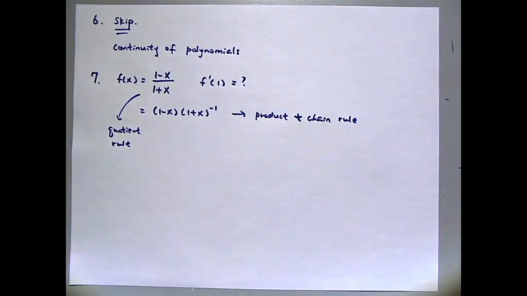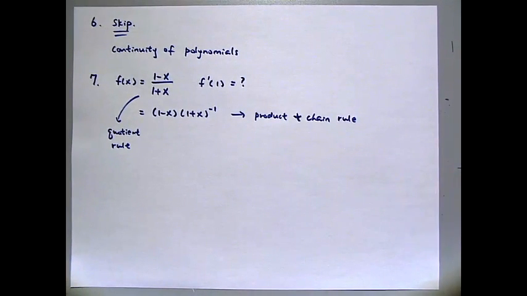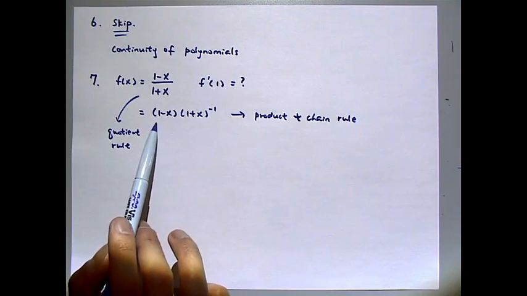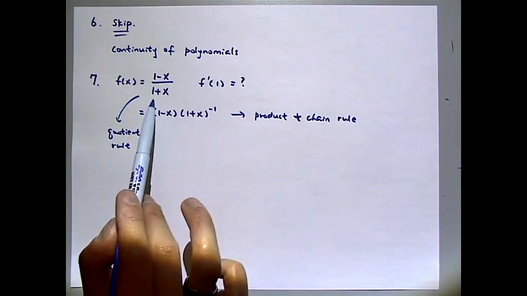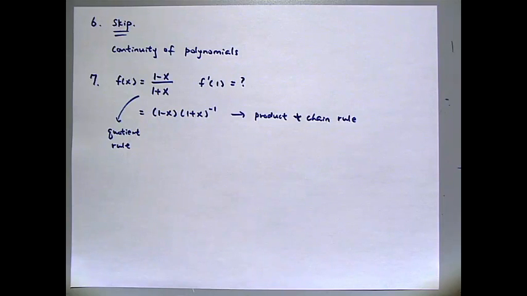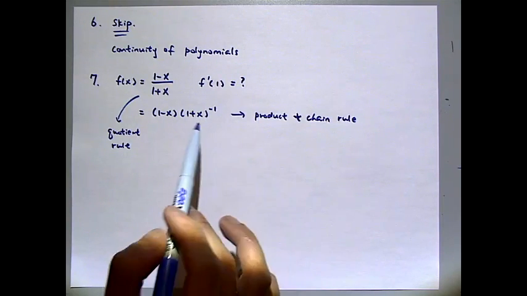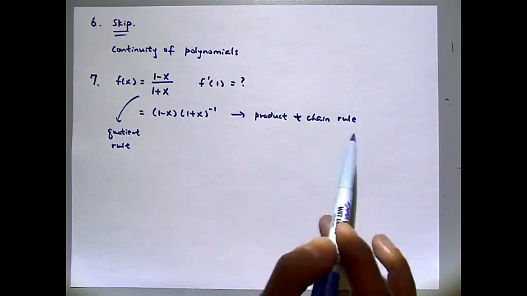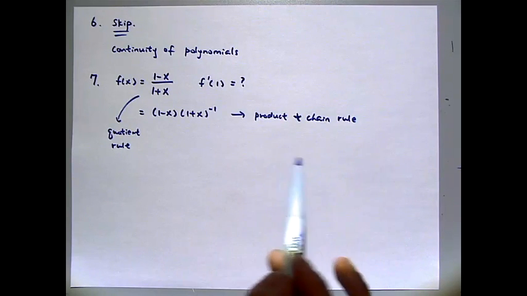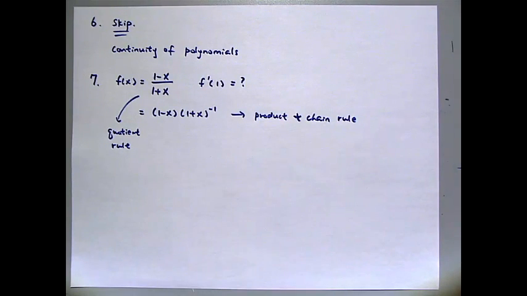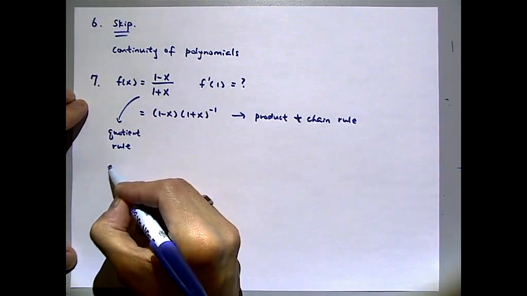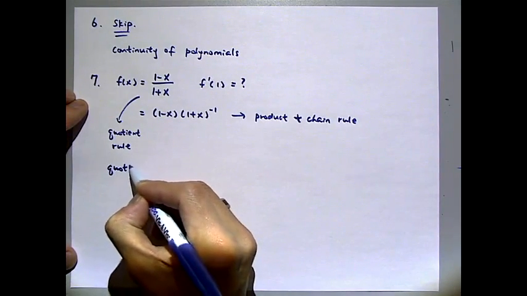If you leave the function as it was given to you, 1 minus x over 1 plus x, you can use the quotient rule. You could also rewrite it as 1 minus x times 1 plus x to the minus 1. Then use the product rule plus the chain rule. That seems a little bit more complicated than it needs to be, so let's stick with the quotient rule. But again, it's a choice that you have.